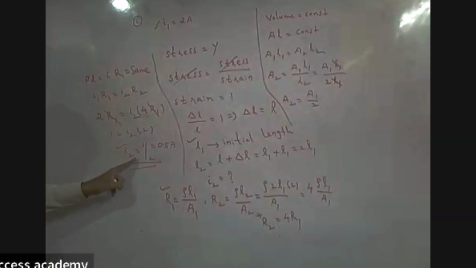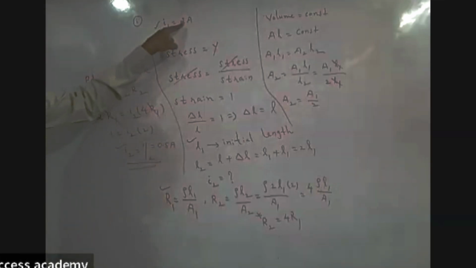Then after calculation, when the length is L2, the current passing through the wire is 0.5 ampere. When the length is L1, the current is 2 ampere. This is the analysis of this problem. Got it?